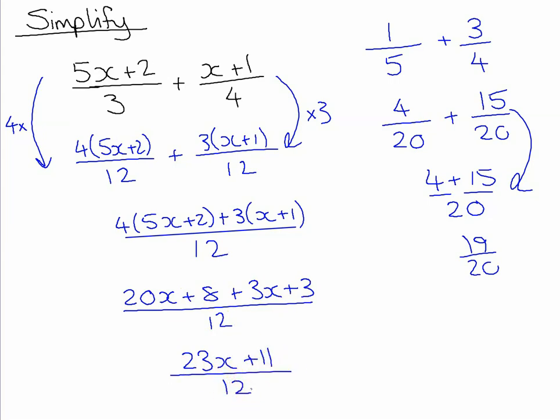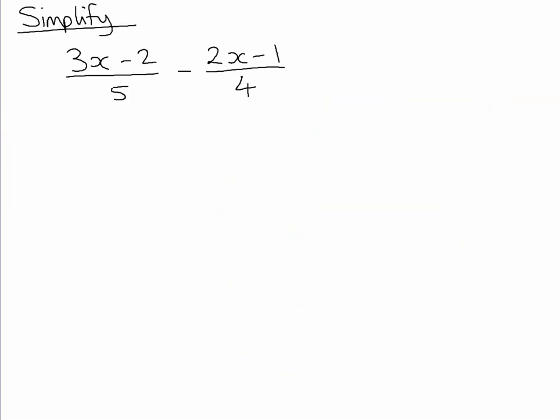There are different ways we could have approached this, but I think this is the most sensible. There's the least amount of risk associated with what I've just shown you, especially when it's a negative. Subtraction always throws up some issues, especially when this is a subtraction as well. Lots of people get caught out with the negative rules here.